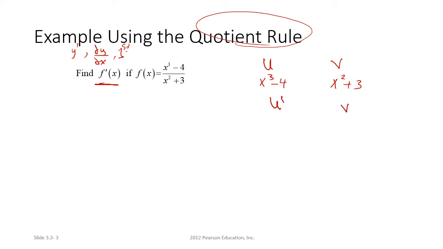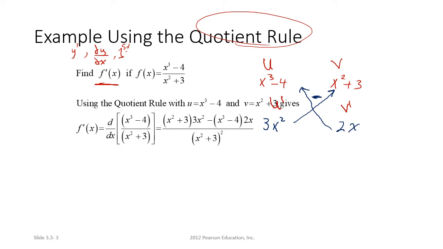Then I find u dash and v dash. u dash is 3x squared, and v dash is 2x. Then I'm going to start by multiplying u dash by v minus v dash by u. So in the quotient rule we are using subtraction. So I'm going to multiply 3x squared by (x squared plus 3) minus 2x multiplied by (x to the power of 3 minus 4), over the squared denominator.